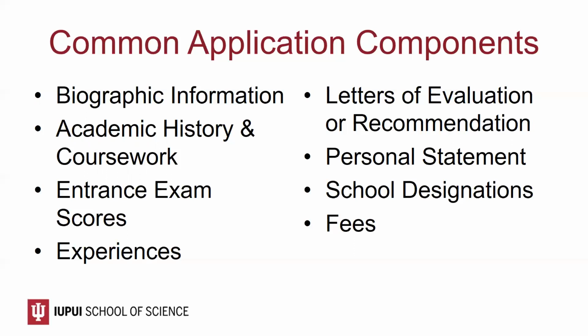There is a flat fee for use of the AADSAS application, which includes an application to one school. Every school above that you choose to apply to will incur an additional fee. The flat fee is approximately $250, and additional fees can be as much as $50 to $100 per school.